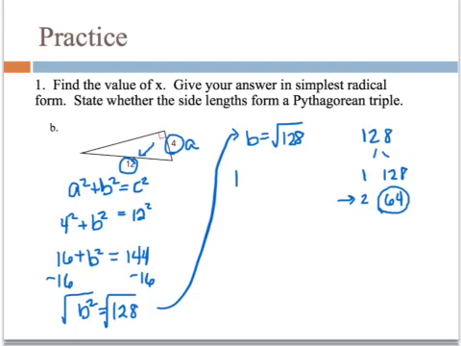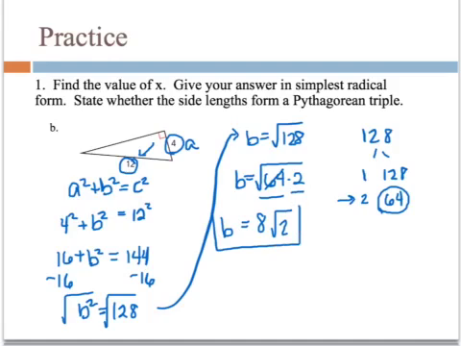So I'm going to rewrite b as the square root of 64 times 2. The square root of 64 is 8, and the square root of 2, I cannot simplify, so it's going to stay underneath the radical. So I have b is equal to 8 times the square root of 2.